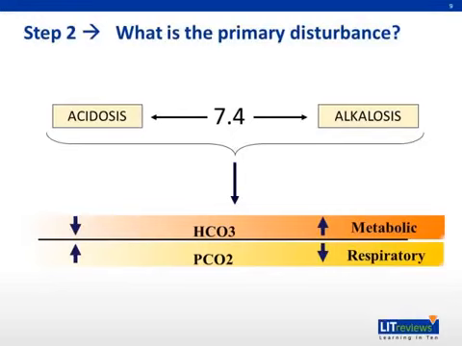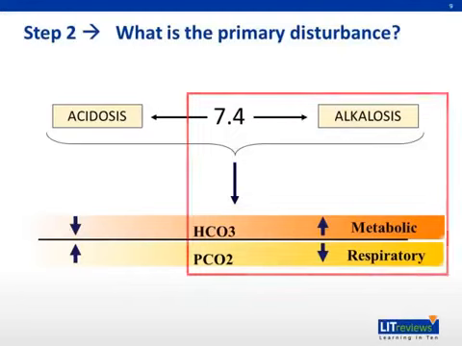This is very important because most likely both CO2 and bicarbonate will be abnormal. That's why it's imperative that you know in advance which abnormality is the one that will explain the pH that you have, and then look for it in the labs. For example, if your pH is above 7.4, then you're looking for either an elevated bicarbonate or a decreased CO2.